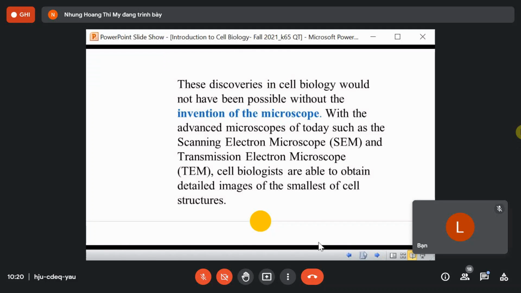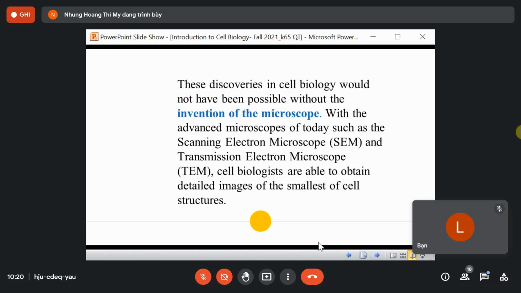So I already mentioned that based on the limitation of knowledge and technique, the scientists in the 18th or 19th century did not understand cell division or the other cell structures.